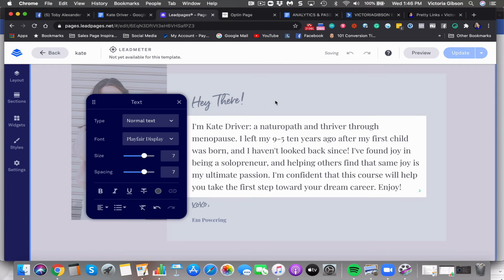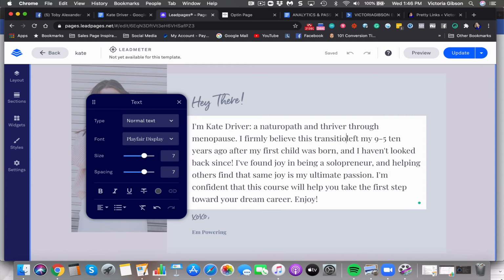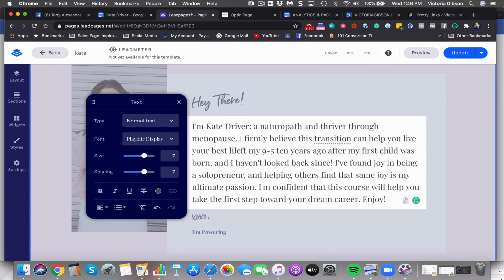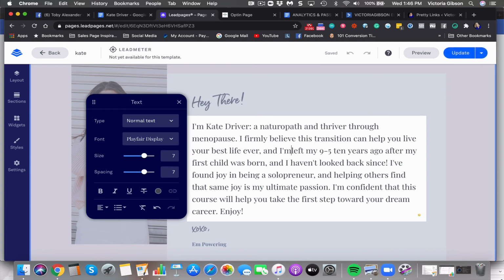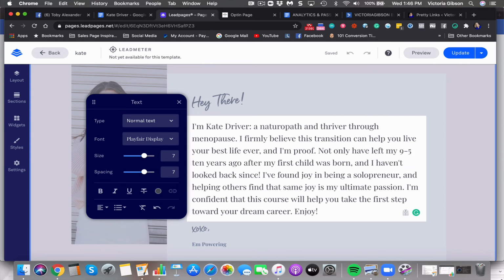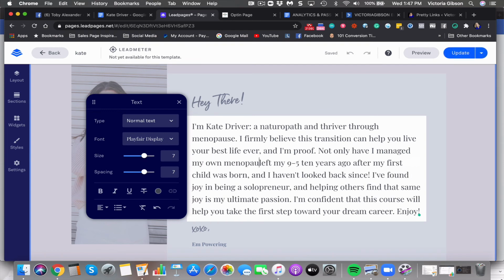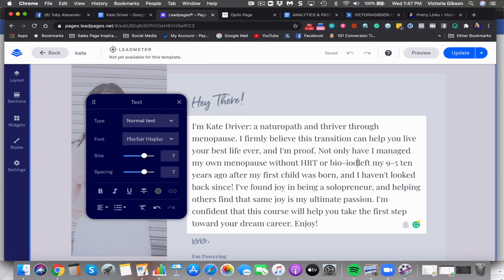I firmly believe this transition can help you live your best life ever, and I'm proof. Not only have I managed my own menopause without HRT or bioidentical hormones.